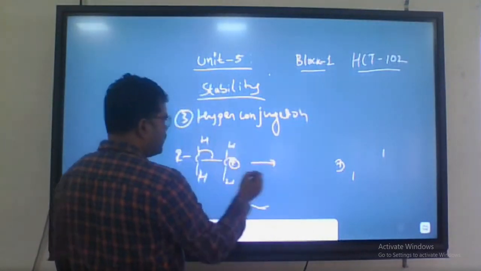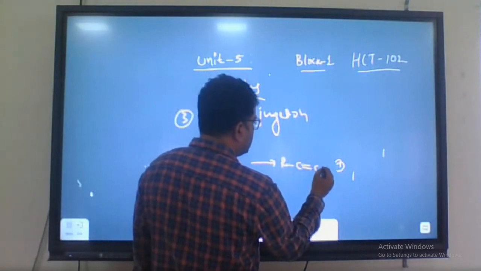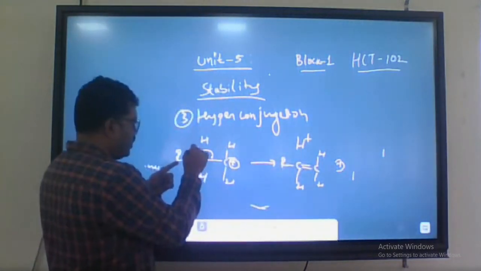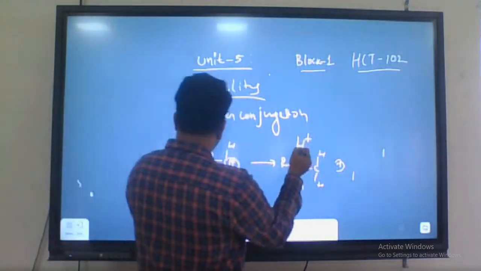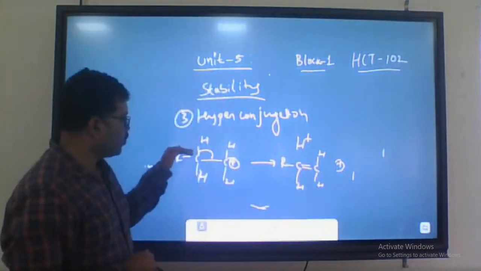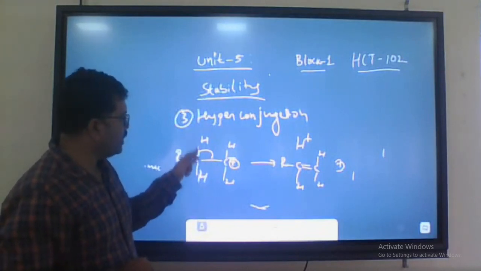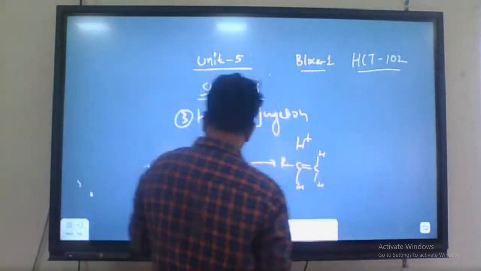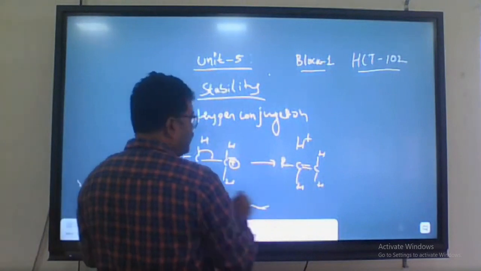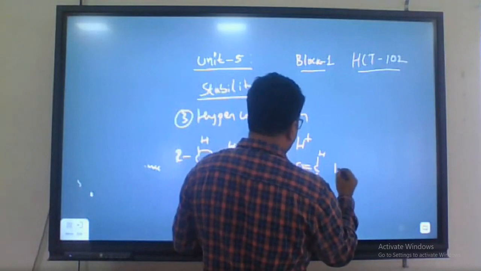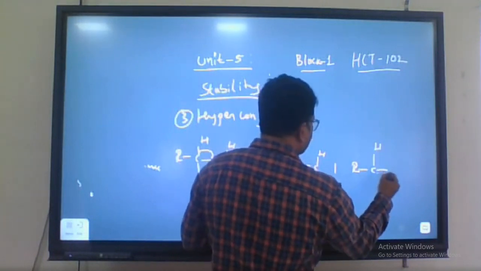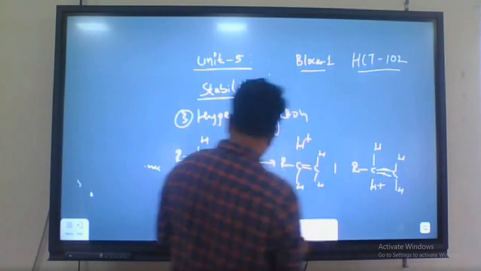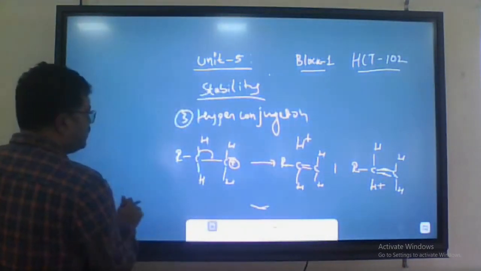The H stays here, the electrons are shared in the bond, and only the bond shifts and stabilizes the carbocation. How many times does it stabilize? One more is there here, on the left side, and one more upside, the lower one. This stabilizes this one.